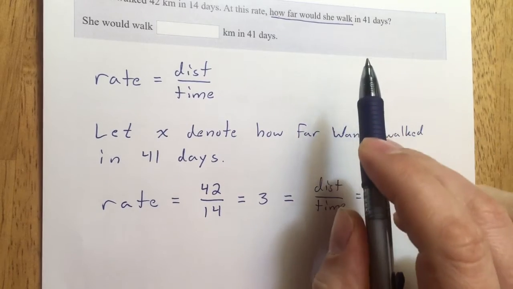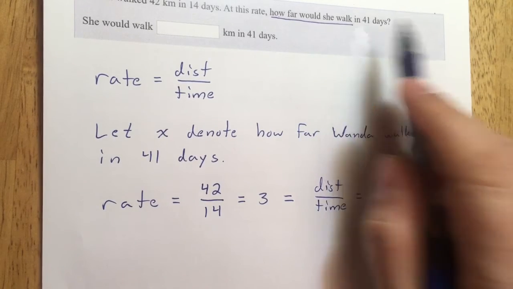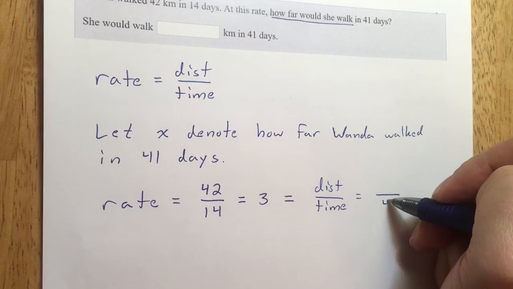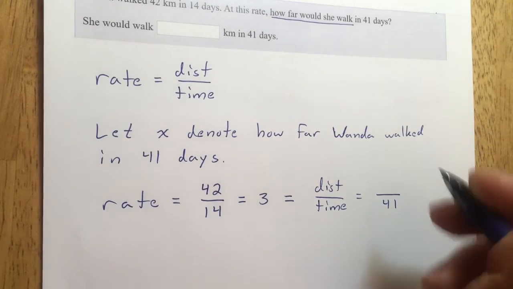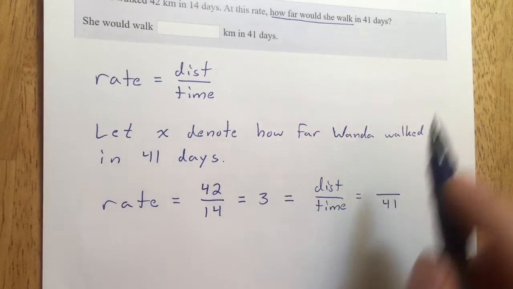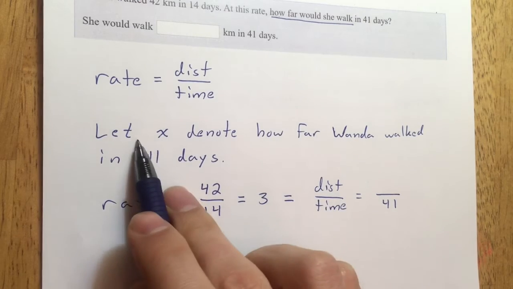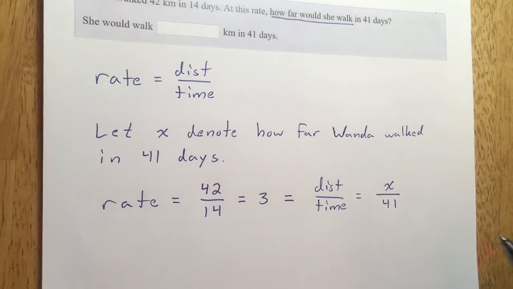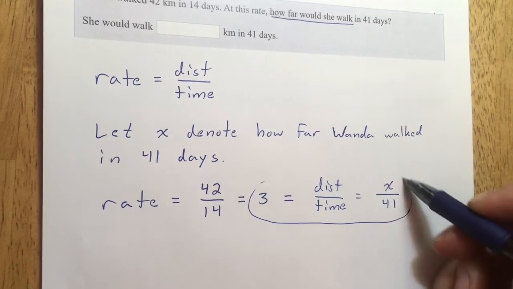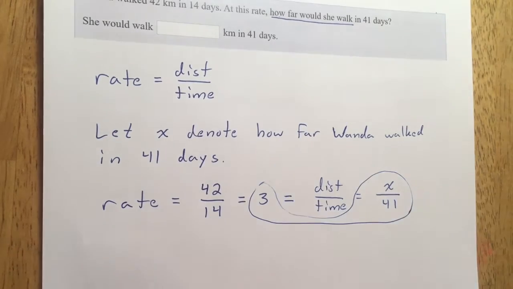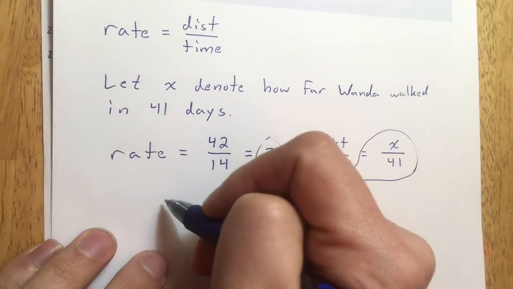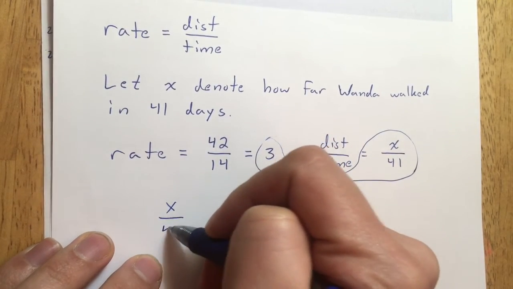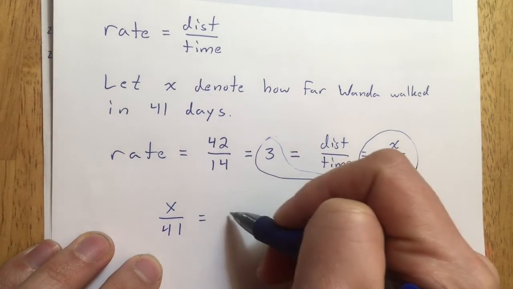And they told us the time was 41 days, so we know the denominator is 41. And what we don't know is the distance, but that's what x represents, so we're going to put x up there. So what we have here is an equation involving x. So let's write that equation down over here. x over 41 equals 3.